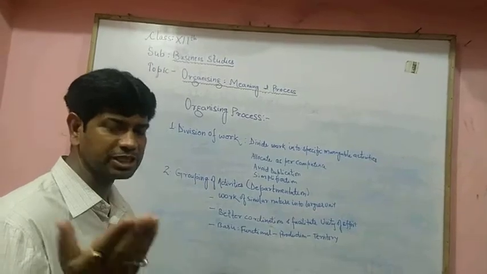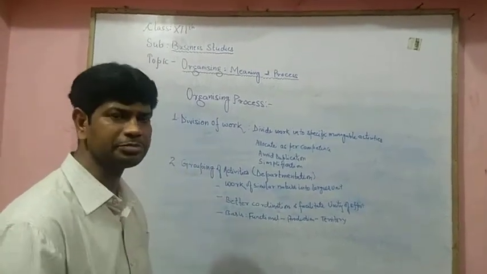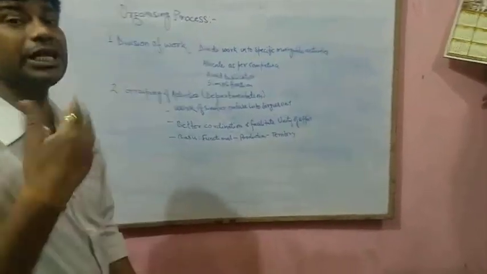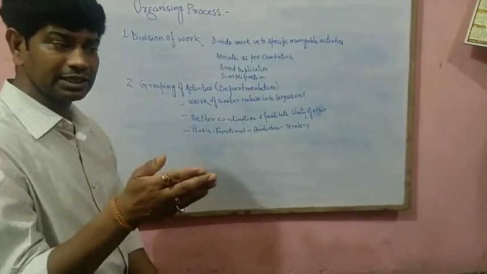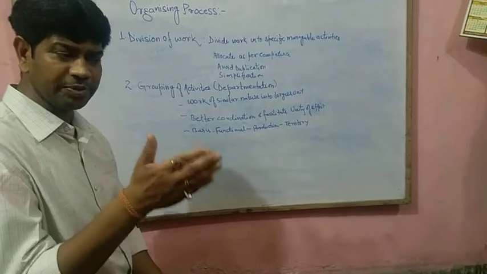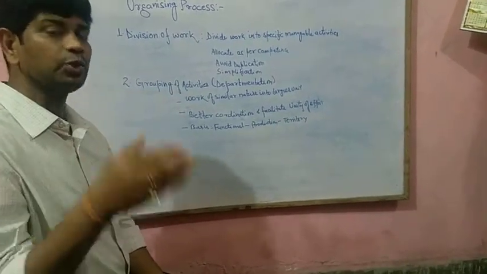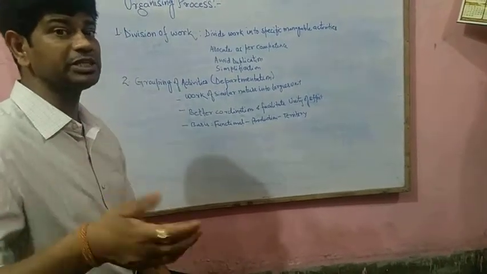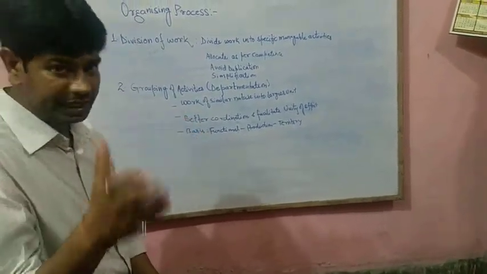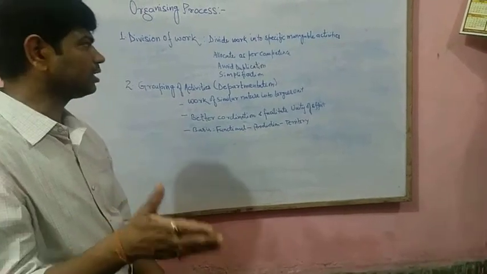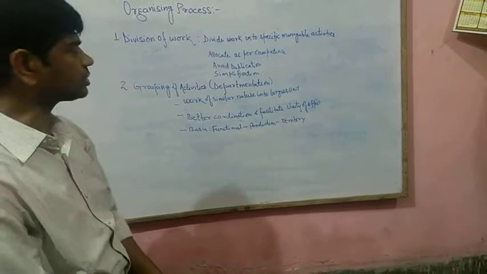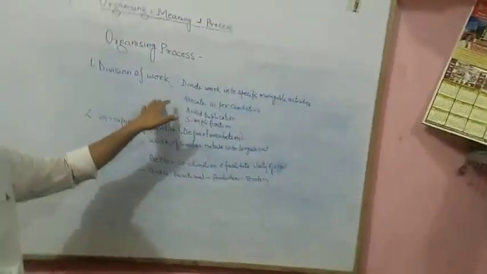This is the first principle of management, and in conformity with the principle of management, to simplify the work, it should lead to specialization, that only that work should be allocated to a particular group in which they excel. So this leads to specialization. There is no duplication of work, and further the work gets simplified. So this is the first step in the organizing process, that is division of work.